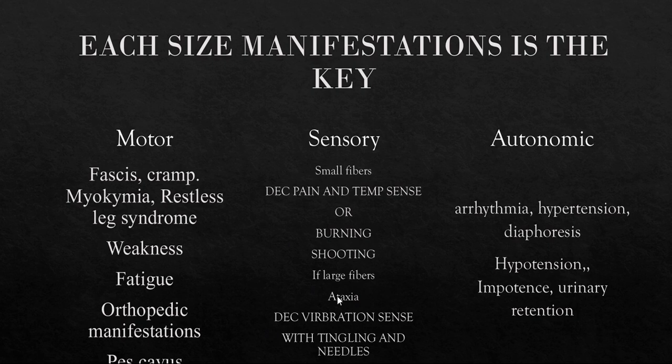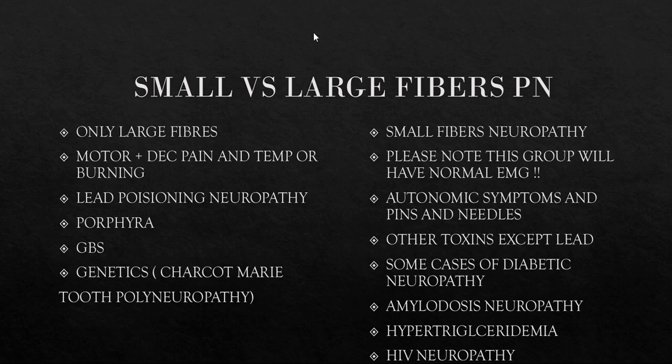If this is the case, you can now narrow down the possible causes of polyneuropathy to just a few groups. If it is a large fiber neuropathy, then it's going to be in this list: lead poisoning, porphyria, GBS, or genetic causes such as Charcot-Marie-Tooth polyneuropathy, for example.